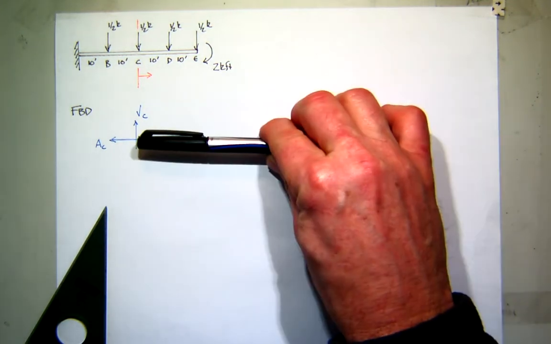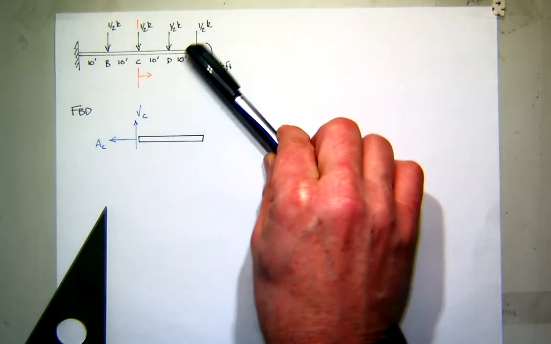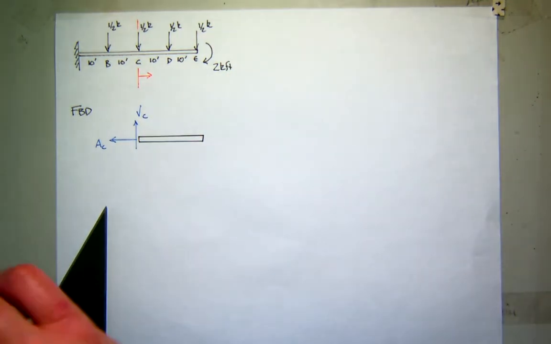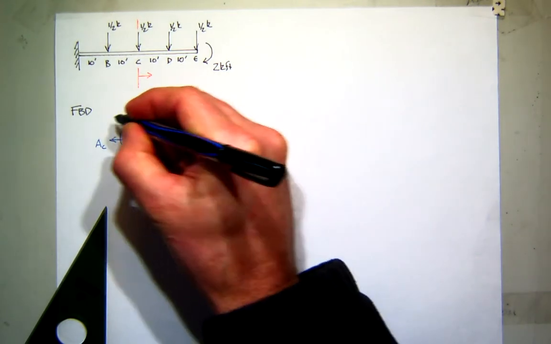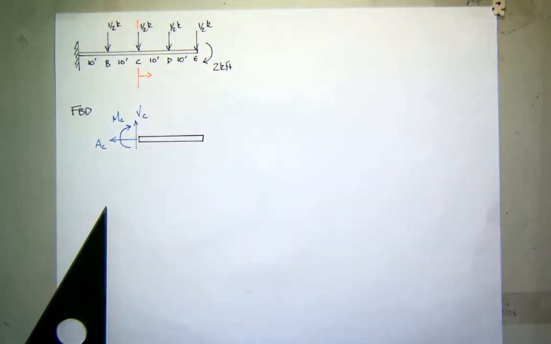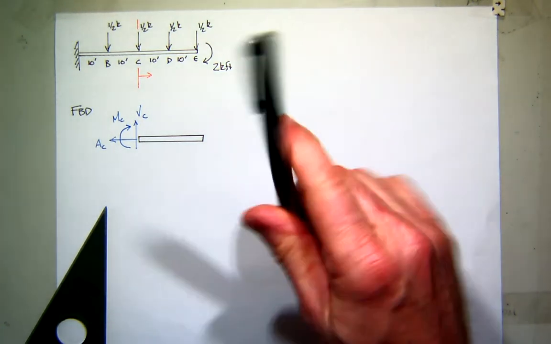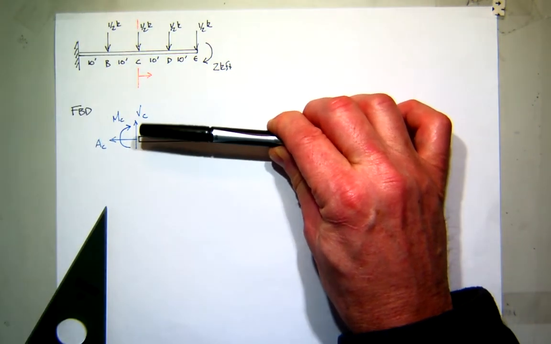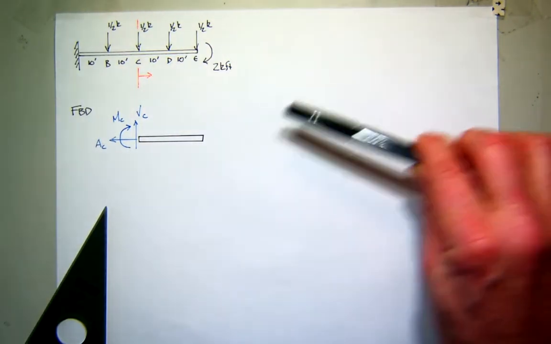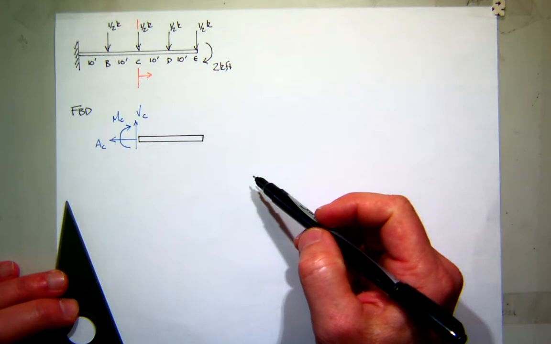Because they take this part of the beam and rotate it clockwise. And then I'm going to assume a positive bending moment at C. And again, if you look at this beam, if I started to twist it, it would go up, and that would make that nice kind of smiley face that we talked about.